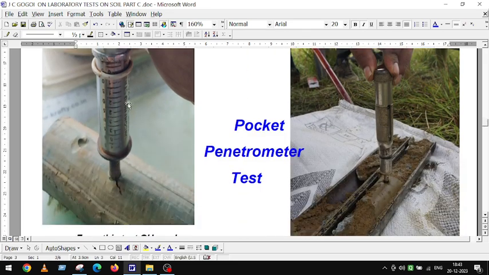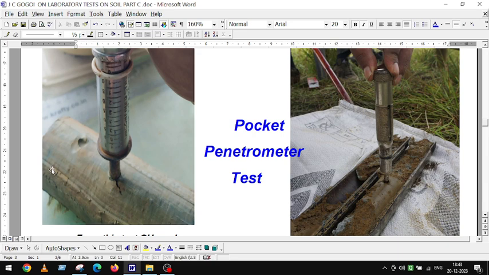As I told you, this is the small pocket instrument. It is termed a pocket penetrometer. You see, there is a mark. We have to penetrate vertically, at 90 degrees, into the specimen, keeping it like that.